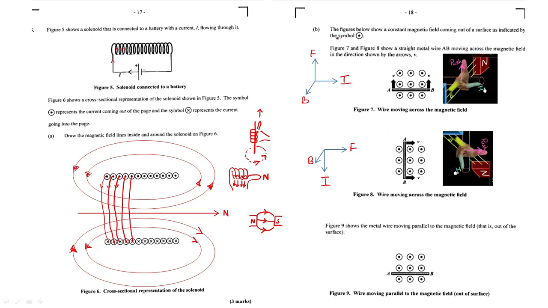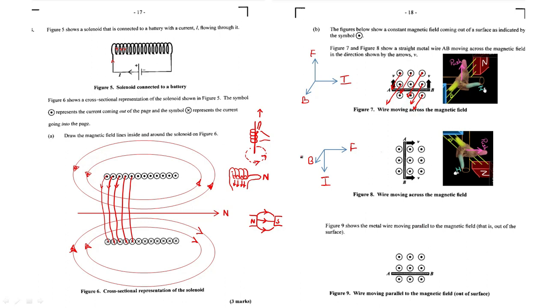Now the next question says the figures below show a constant magnetic field coming out of a surface as indicated by the symbol. So this dot in a circle tells us that the magnetic fields are coming out towards us, out of the page.